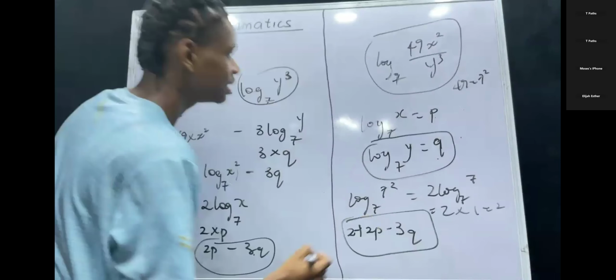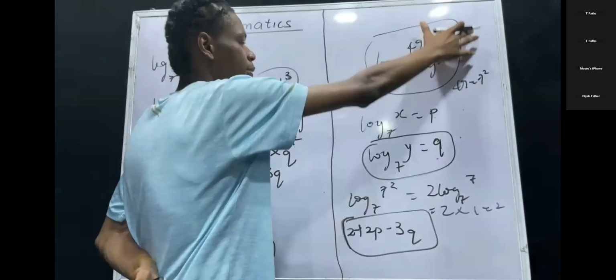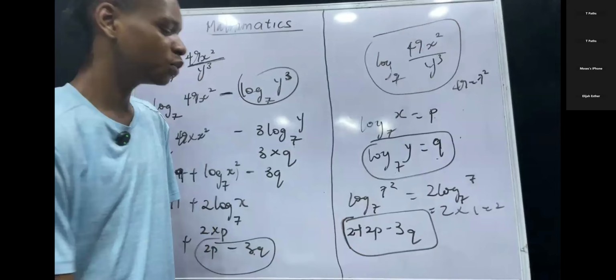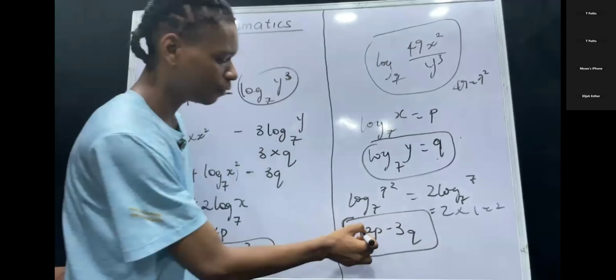So let me go over it once again. So the first thing is when you have the question, we're given this in the question: log x to base 7 is p and log y to base 7 is q. So what I did was I simply came over here to simplify the logarithm expression. Division becomes subtraction, multiplication becomes addition.